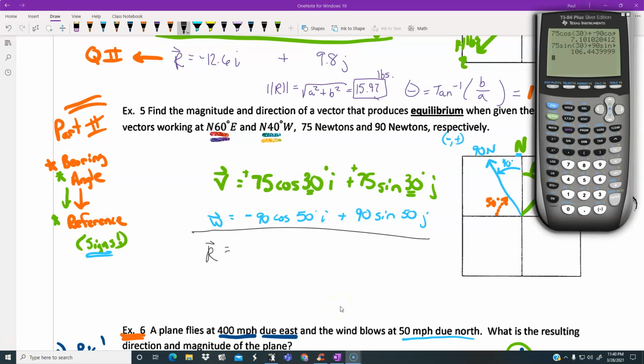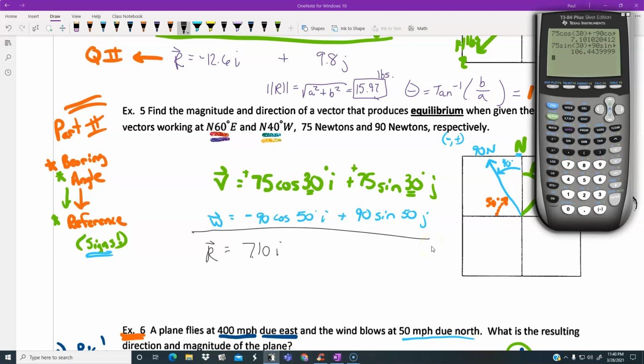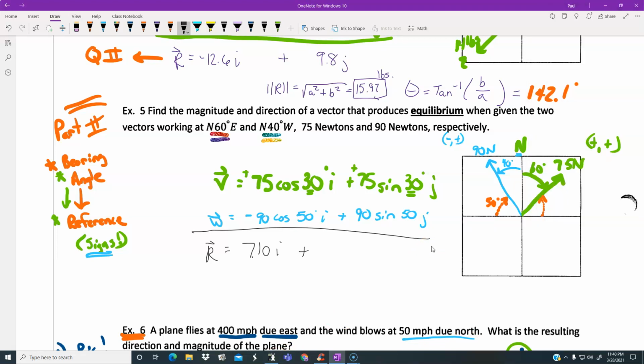All right, now I plugged those in, and I even alpha stored them too as well as A and B. But here's what I came up for as my resultant. 7.1 I, and the second one turned out to be 106.44 J. Now, the way I'm looking at these carefully, since both of these turned out to be positive, this resultant vector is in quadrant 1, is where it's actually located at.